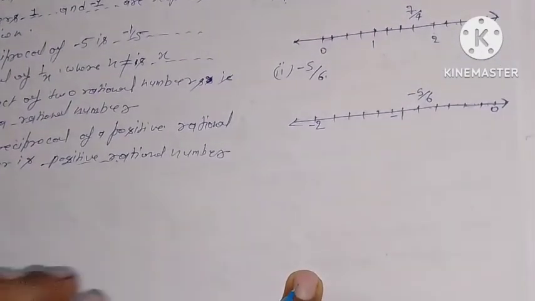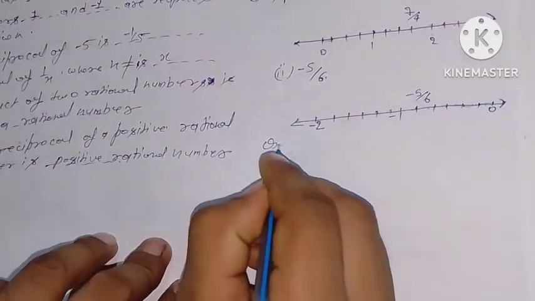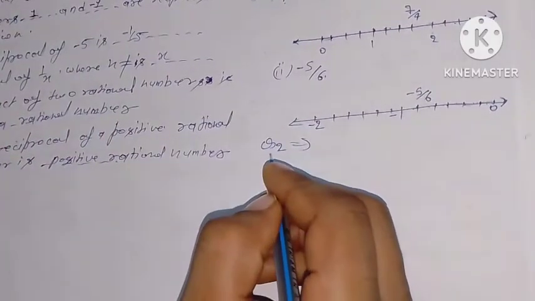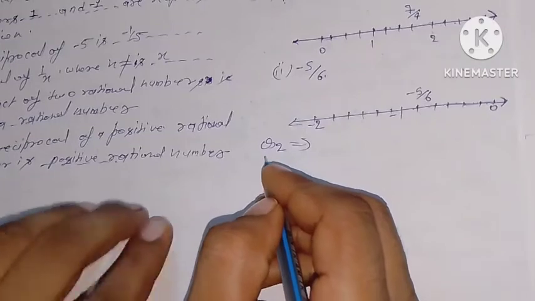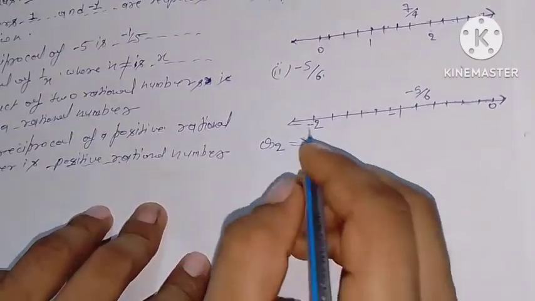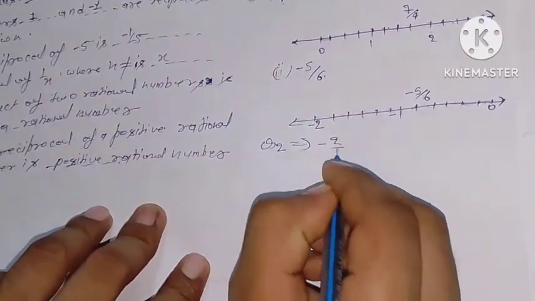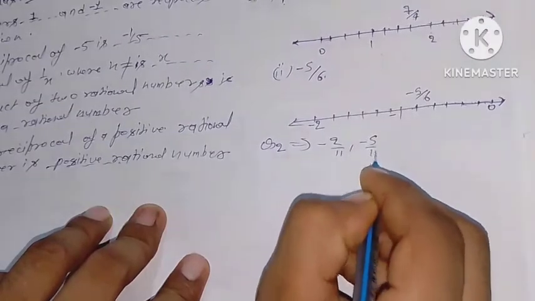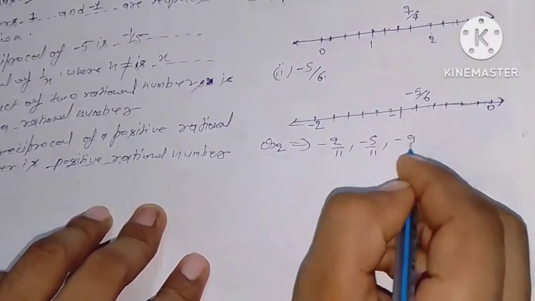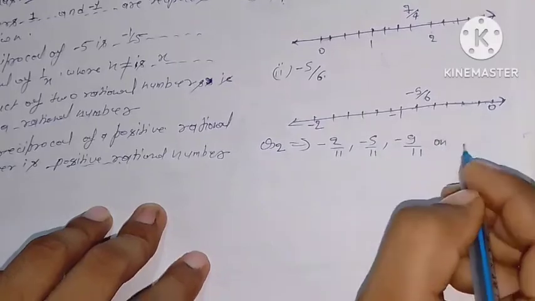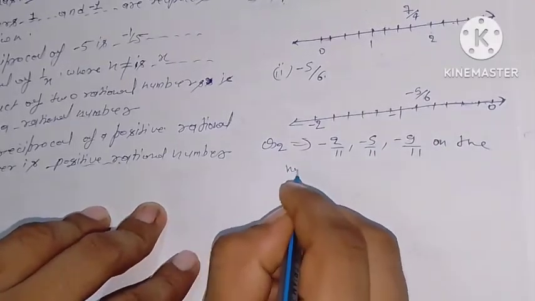Question number 2 is: represent minus 2 upon 11, minus 5 upon 11, and minus 9 upon 11 on the number line.